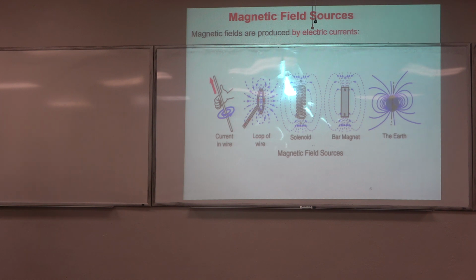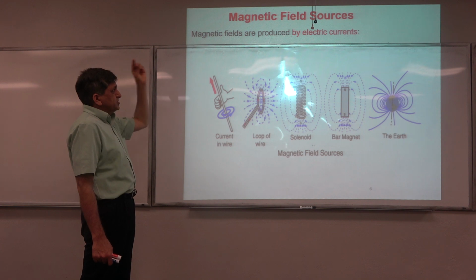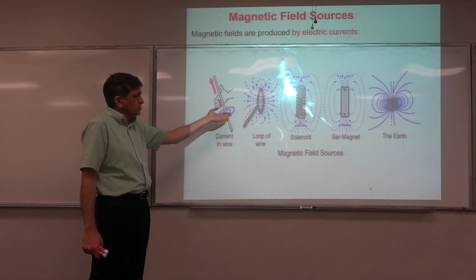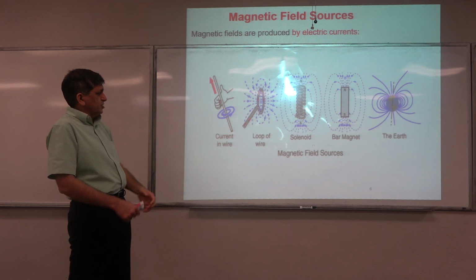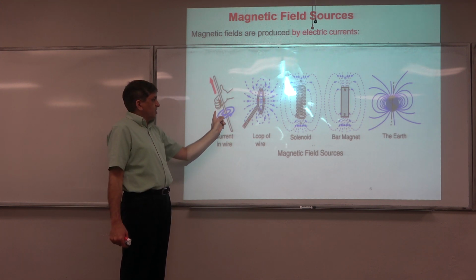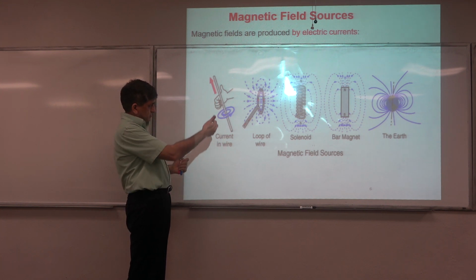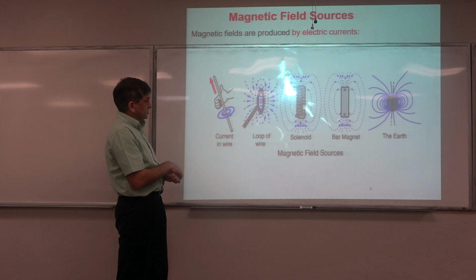These are a few examples of the sources by which magnetic fields are produced. A current in a current carrying wire has a magnetic field around it, using the right hand, depending on the conventional current direction.